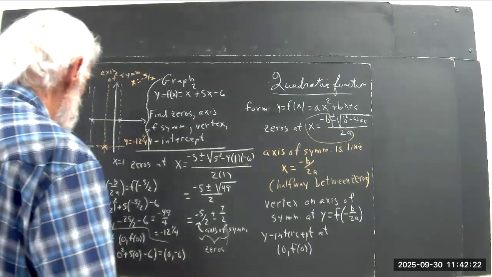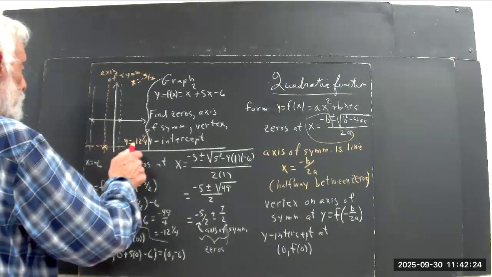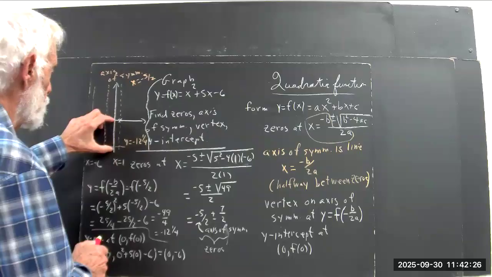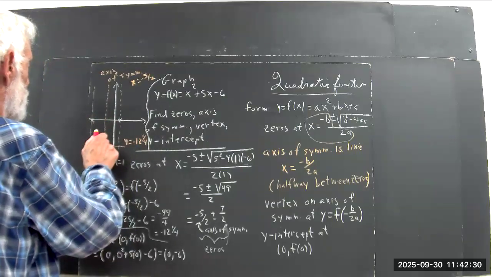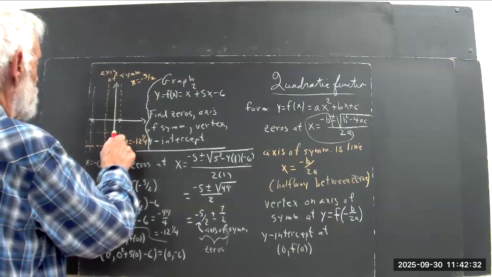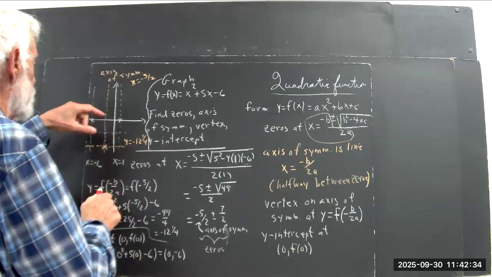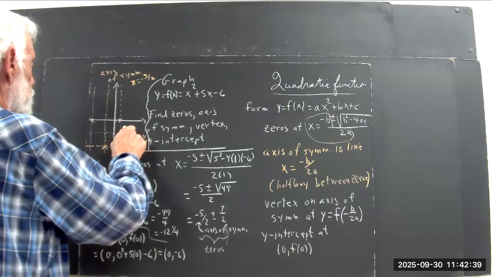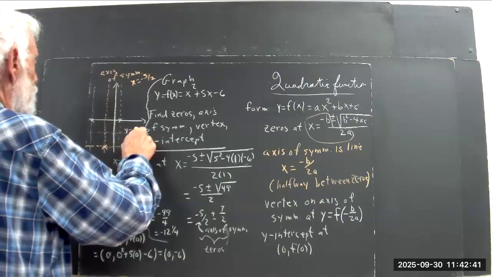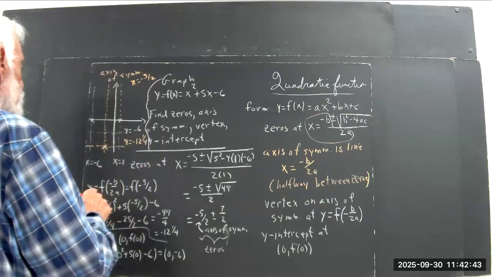And we can, okay, if this is negative 12 and a quarter, that's just about the same as negative 12. So just kind of go about halfway between the x-axis and the line y equals negative 12. We get the line y equals negative 6.